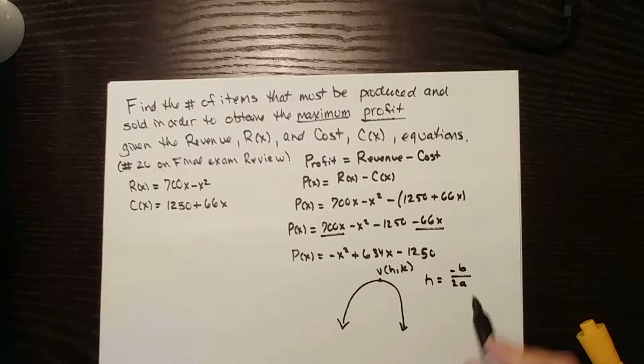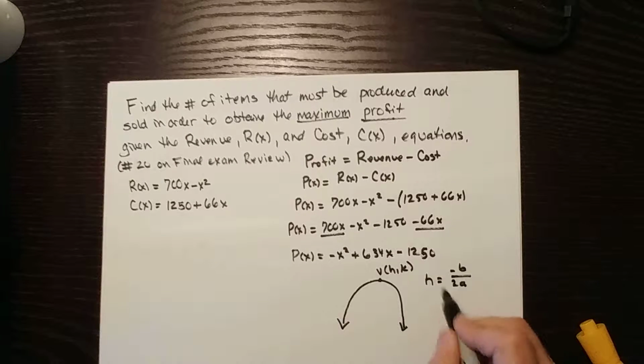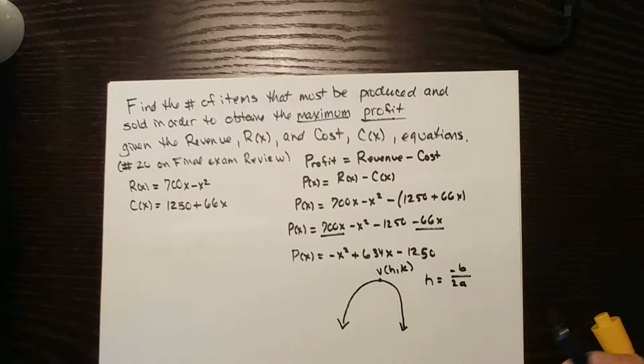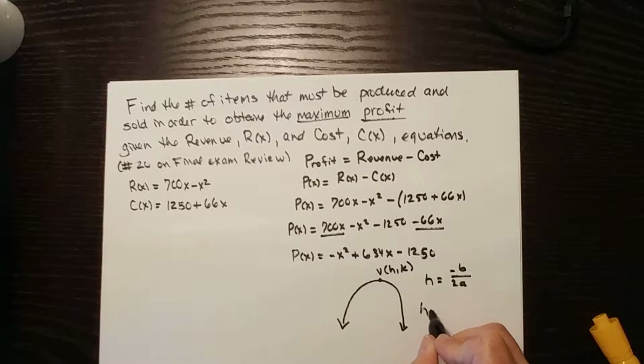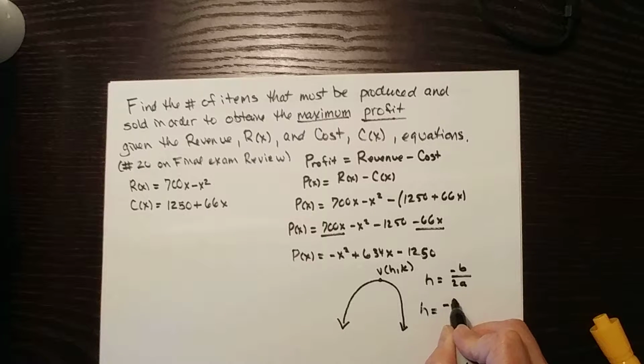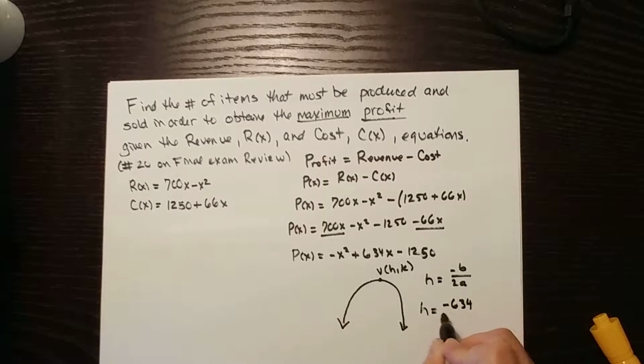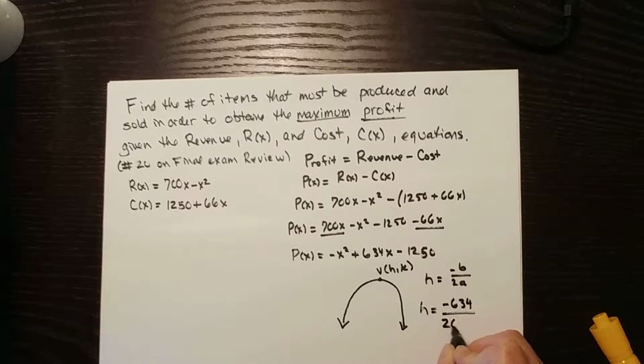The A and the B come from the standard form of a quadratic equation, ax squared plus bx plus c. This is also the first part of the quadratic formula, so this should be already in your head. H in this case is going to be equal to negative B, 634, divided by 2 times A, which is negative 1. So if you take negative 634 divided by negative 2, H is equal to 317.